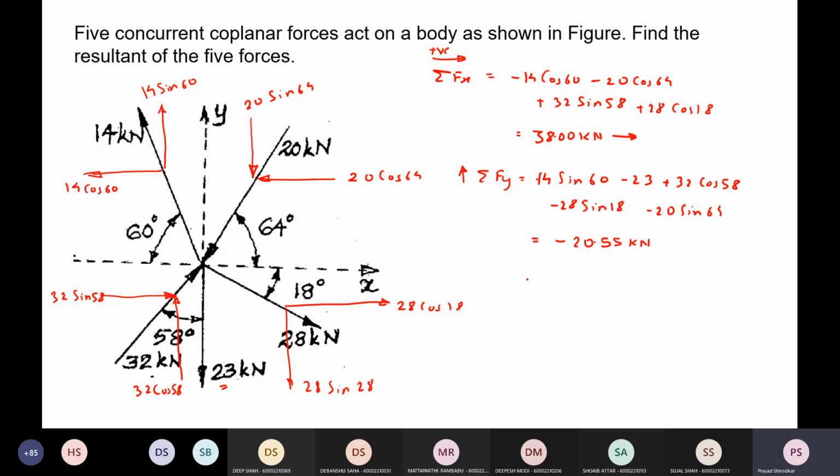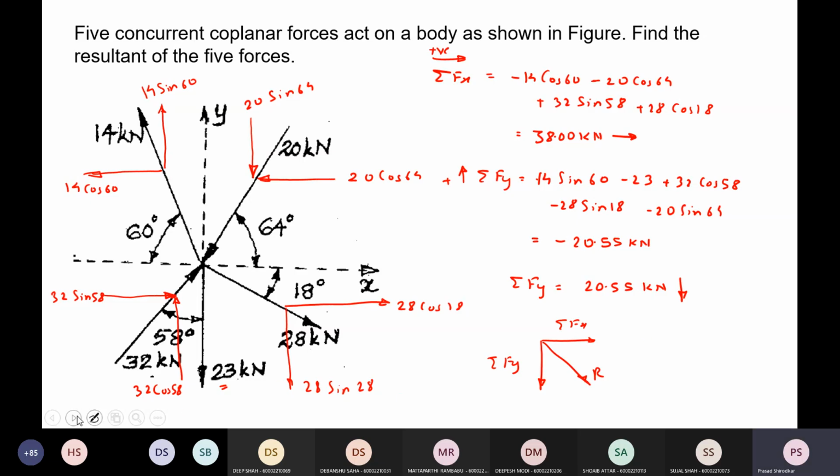Yes. Now, so that means what? Summation Fy is minus 20.55 kilonewtons. And we have assumed this upwards positive, but it is coming negative. So this is actually in downward direction. So your summation Fy is in a downward direction and summation Fx is in right hand side. So your resultant is now in the fourth quadrant.